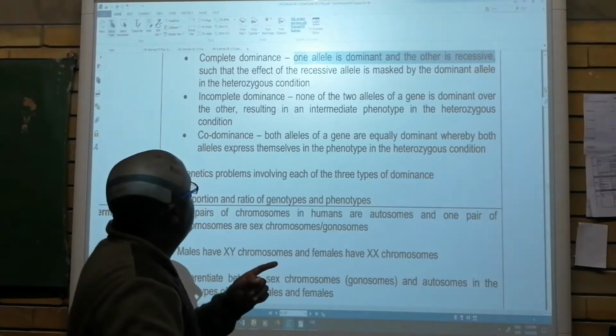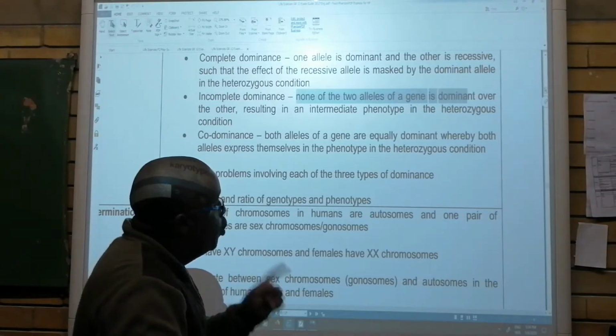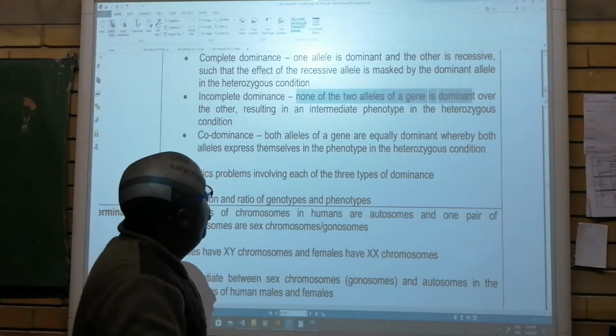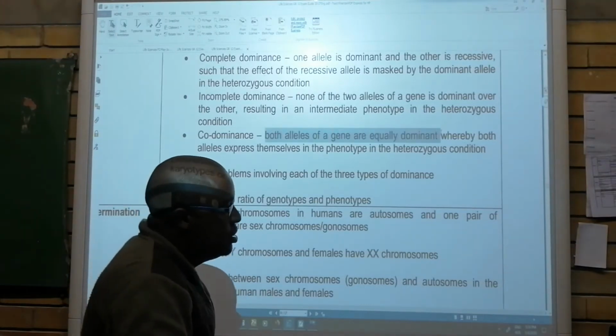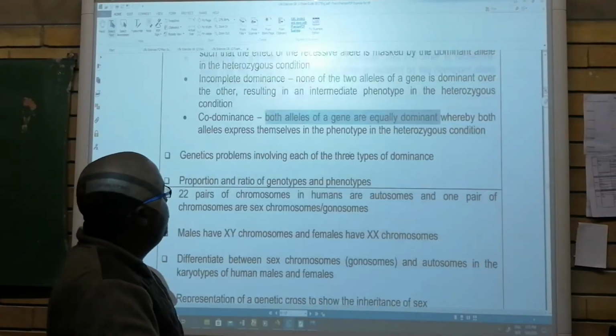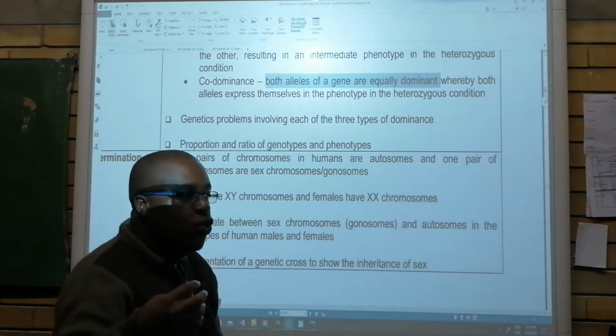Incomplete dominance: none of the two alleles is dominant over the other. But in codominance, both alleles of a gene are equally dominant, whereby both alleles express themselves in the phenotype in the heterozygous condition.